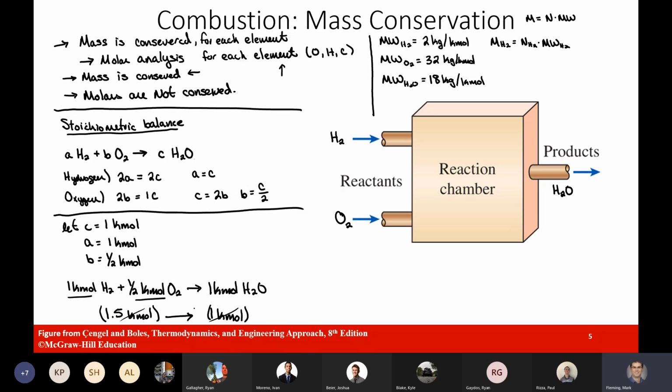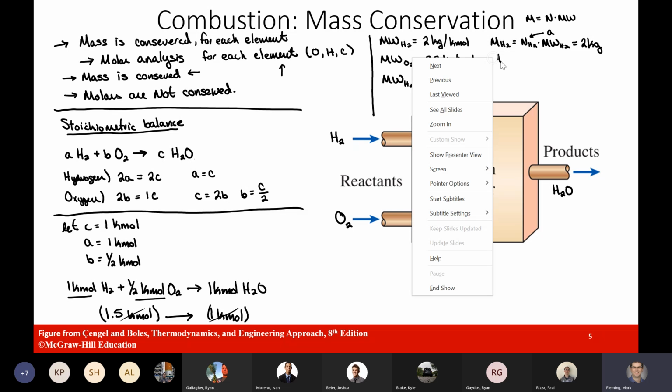In this case, we're looking at hydrogen. Hydrogen's coefficient was A. So I'm going to note that we'll use the stoichiometric coefficient now to determine the number of moles. In this case, we had a stoichiometric coefficient A equaling 1. So 1 times 2 is going to equal 2 kilograms. So we bring about 2 kilograms of hydrogen in.